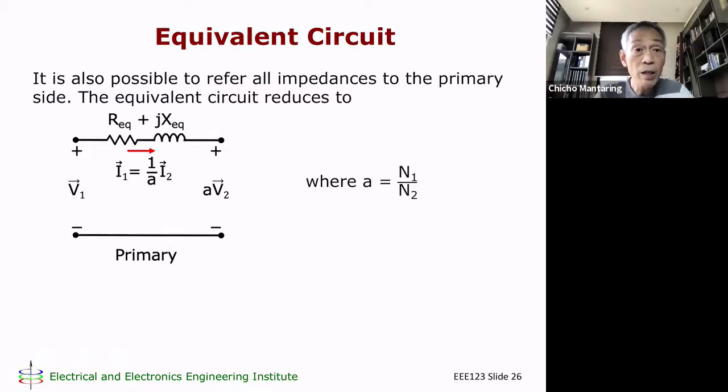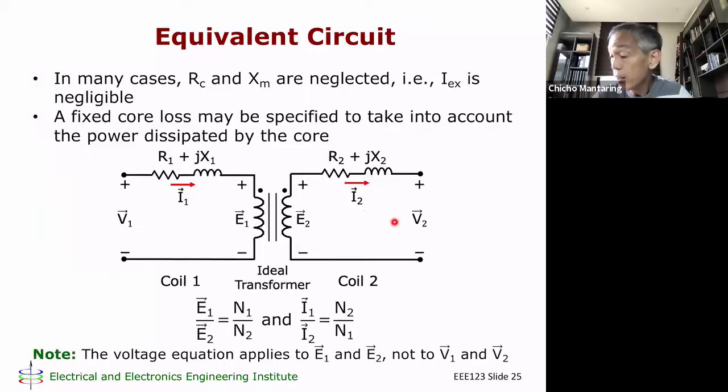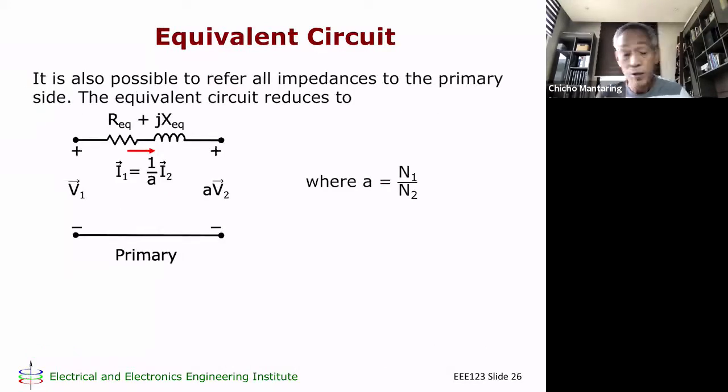It's possible to refer all impedances to the primary side. So itong impedance na to, i-refer natin dito sa primary, and then this voltage we also refer to the primary. So you're going to get this equivalent circuit.